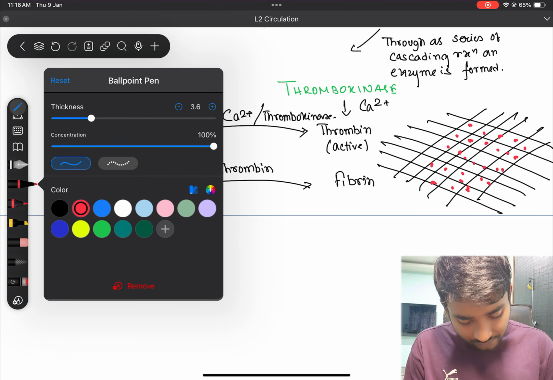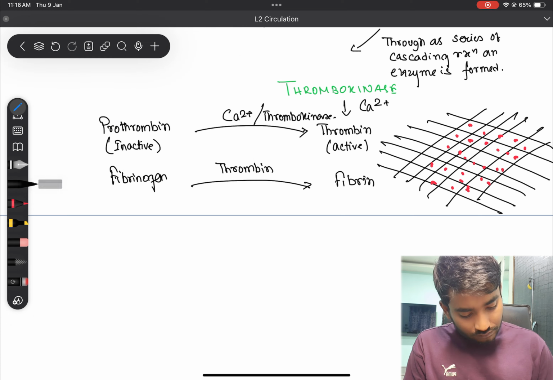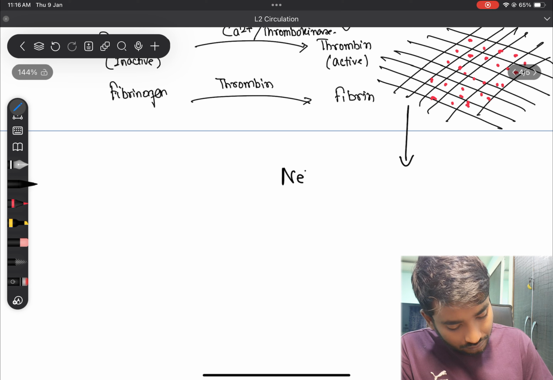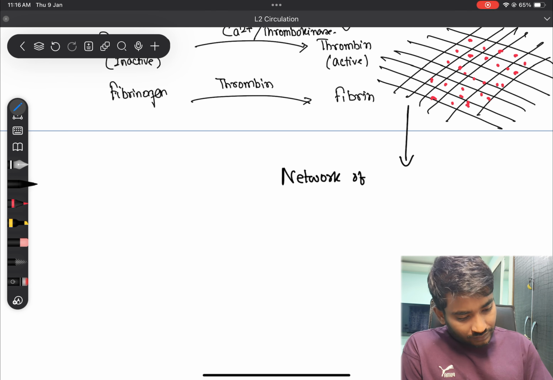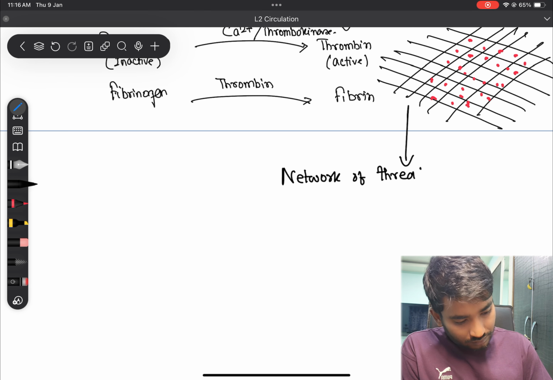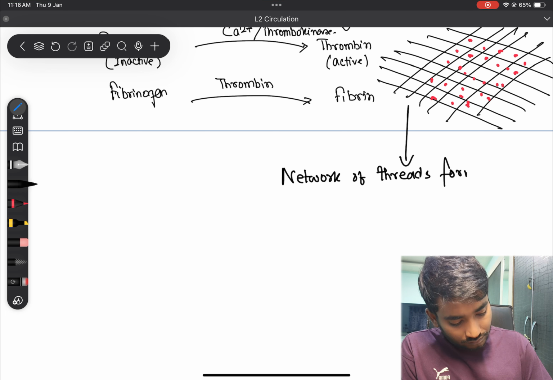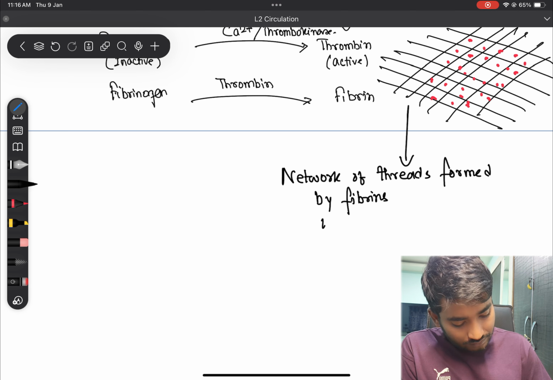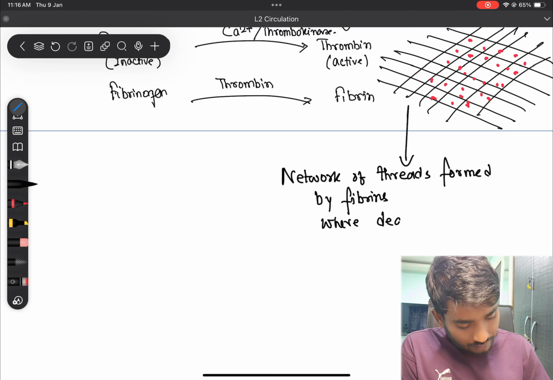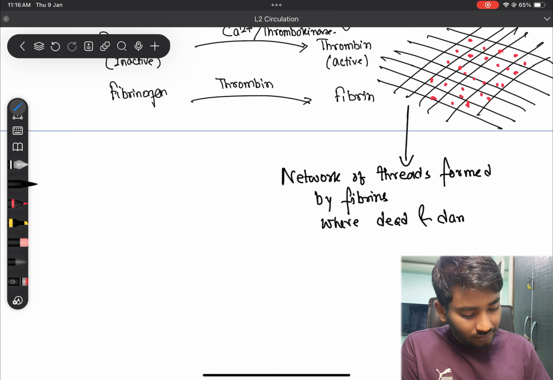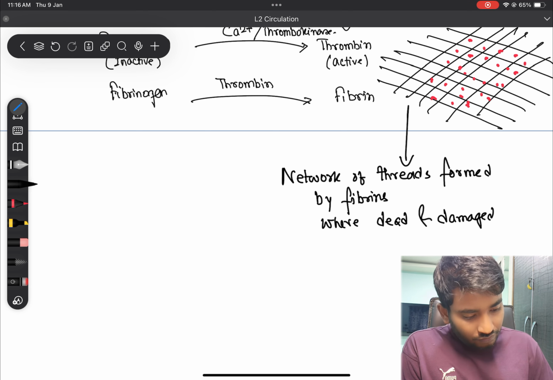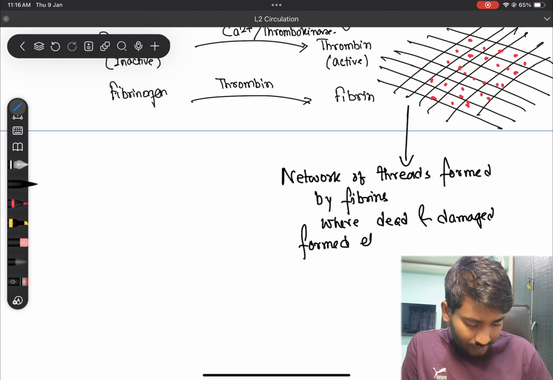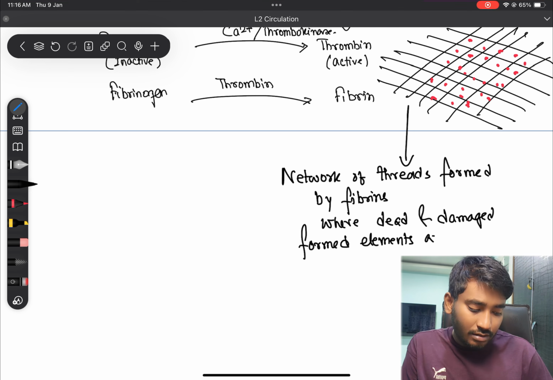Here a network of threads is formed by fibrins, where dead and damaged formed elements are trapped.